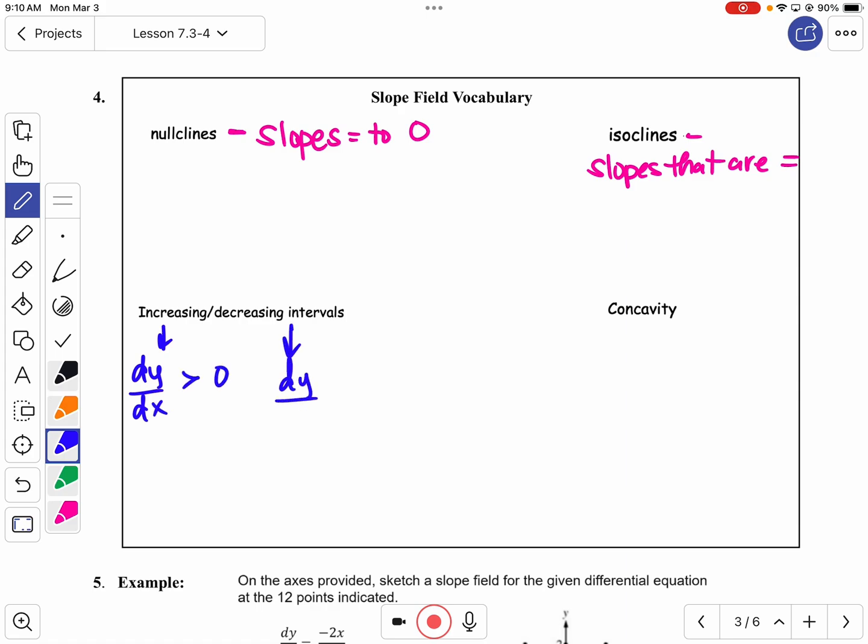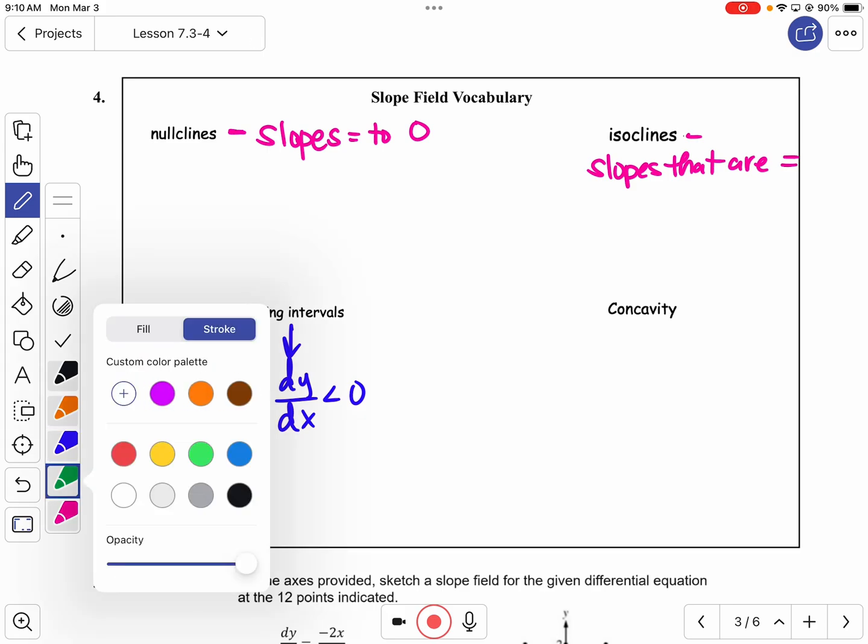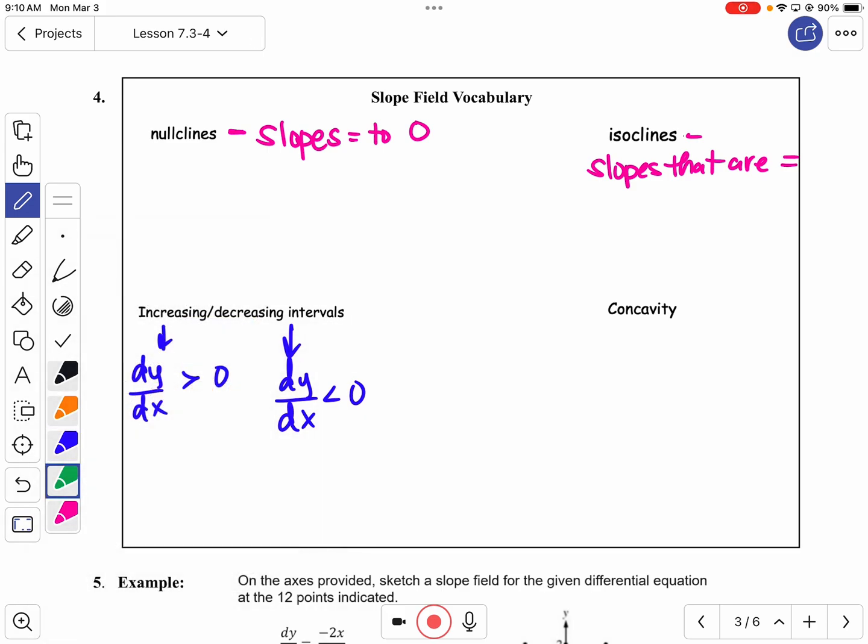We decrease everywhere our slopes are less than 0. So that's a picture. We're going to be able to state those facts. Where is the slope greater than 0? That would be where the function that I don't know is increasing or decreasing. And then how do I define concavity using the derivative, the first derivative, because that's all I have?